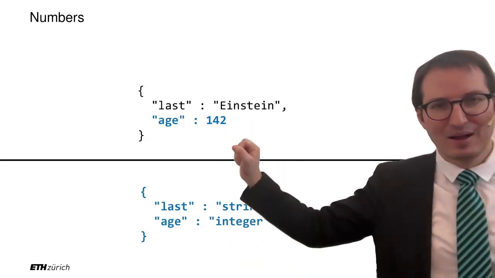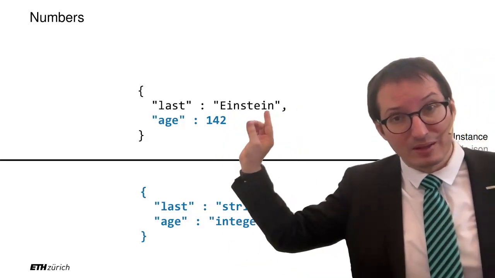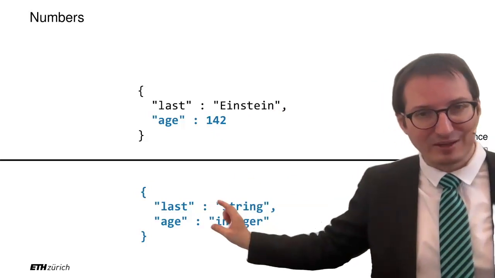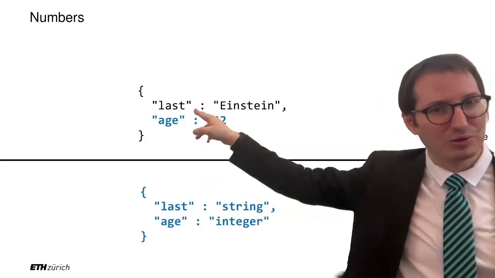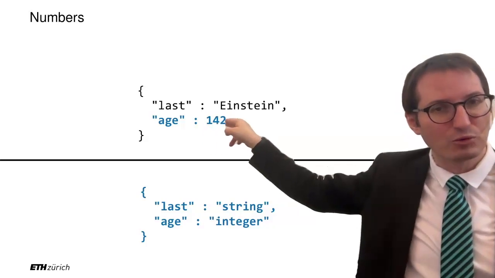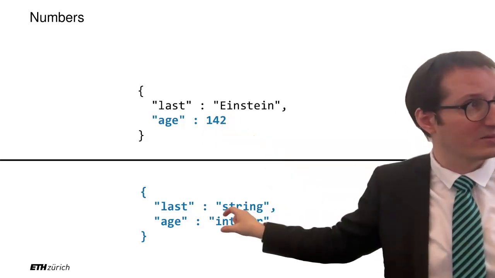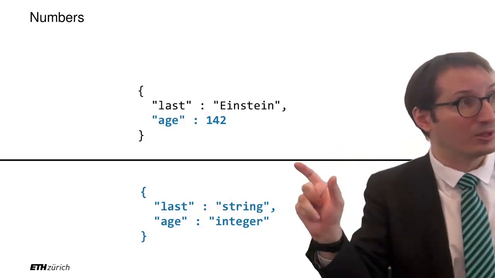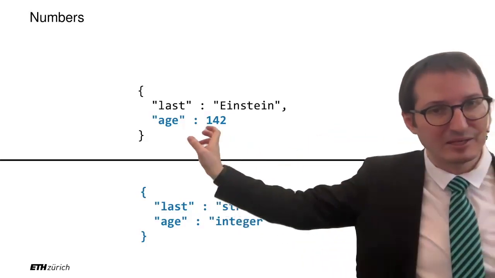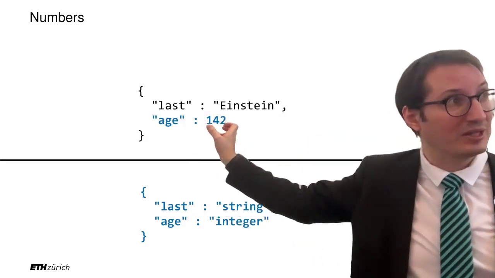Now, it turns out that when you validate, you could have quotes that would still successfully validate. You could have quotes 142 quote, it still matches with an integer. All that matters is the lexical value. Doesn't matter if it's quoted or not. Is that lexical value that of an integer? Yes.